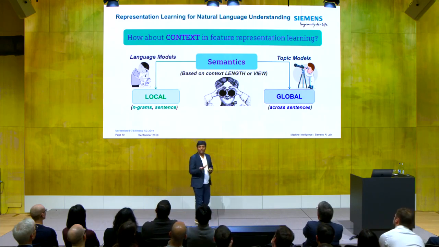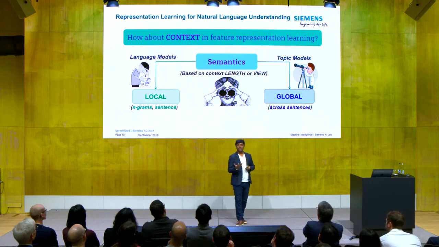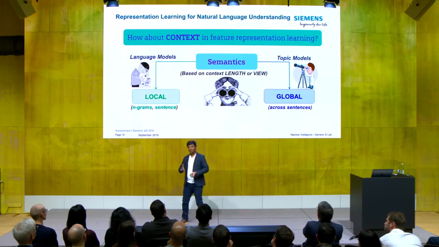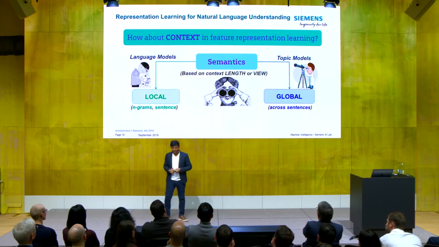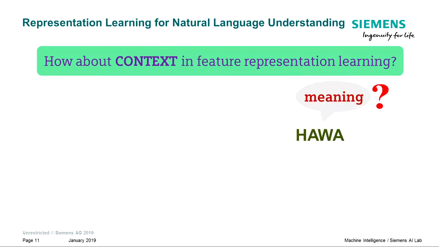However, you can have a global context, for example, topic modeling. Global context in the sense that you learn word co-occurrences or word relationships looking at the context at a document level. That's what I refer to as global context, across sentences.